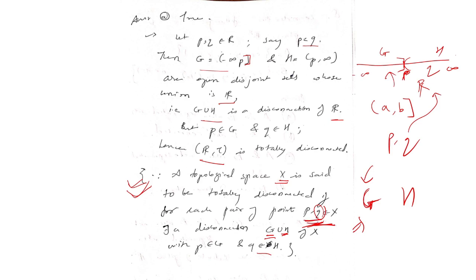We are taking any arbitrary 2 points from X, and only one point belongs to G and one point belongs to H. But this is an interval, so how will you talk about the singleton set here? It is possible in terms of rationals, but here, how will we take that?